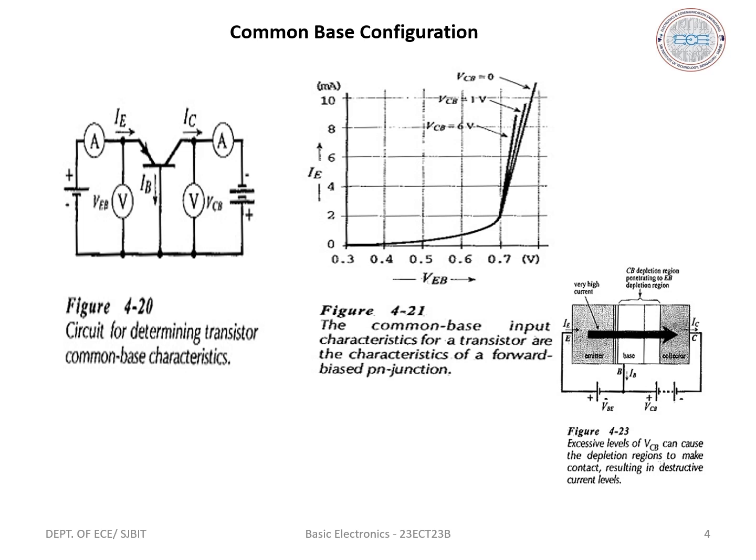The input characteristics of a transistor in CB configuration is shown in the above figure. The emitter base voltage is plotted on the x-axis and the emitter current is plotted on the y-axis. The input characteristics is identical to the forward VI characteristics of a PN junction diode. Before the cut-in voltage, the emitter current increases gradually, but after the cut-in voltage, it increases rapidly with a small increase in the input voltage VEB.